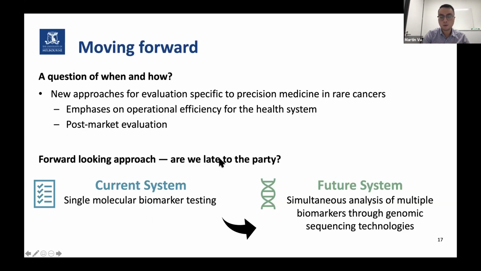And what we know is happening in the clinics is that they're moving towards a simultaneous approach of analyzing multiple biomarkers at once through a series of genomic sequencing technologies. And so it's really important to think ahead of the curve, to make sure that there isn't a lag between patient access to these new technologies.